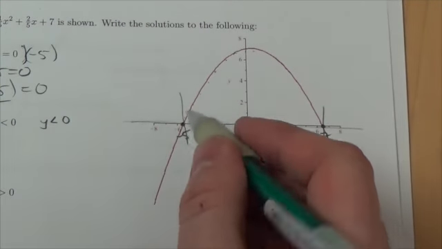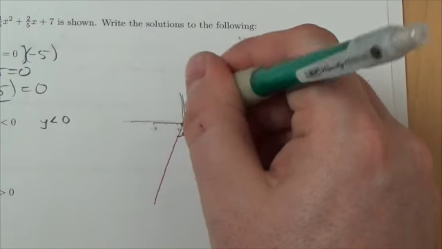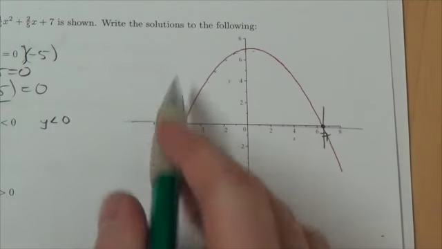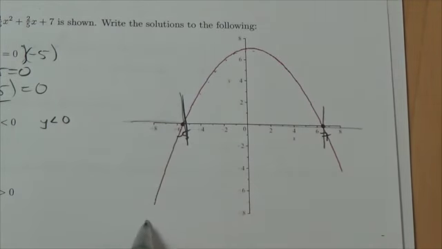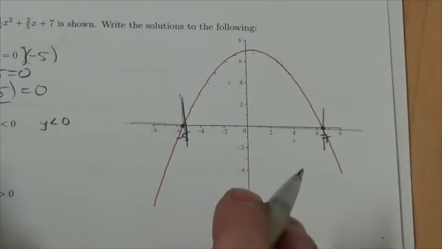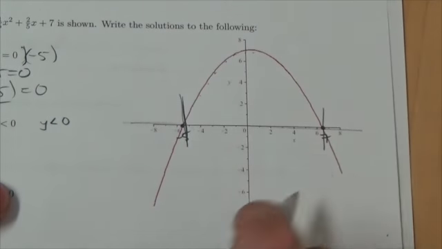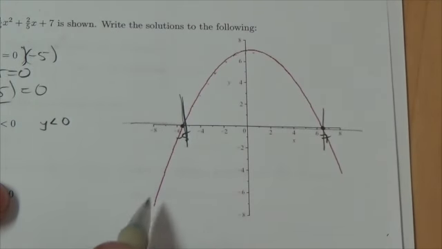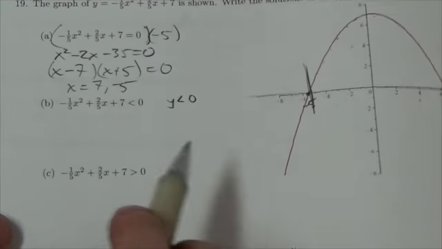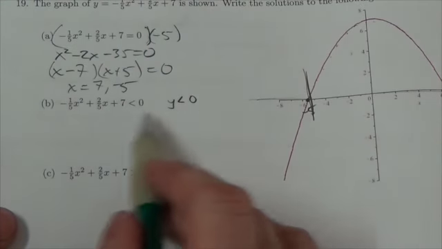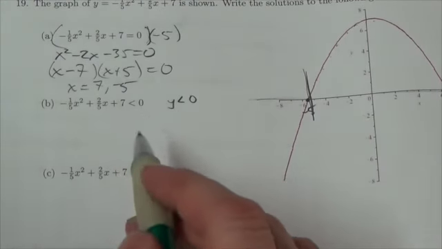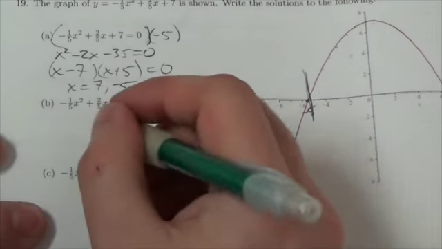So it's only when I go to the left of -5, only in this little spot here, that the y coordinates become negative, or if I go to the right of +7. To the left of -5, to the right of +7, all of the y coordinates of those points become negative. So in order to answer this question, I basically have to write down what I just said there.